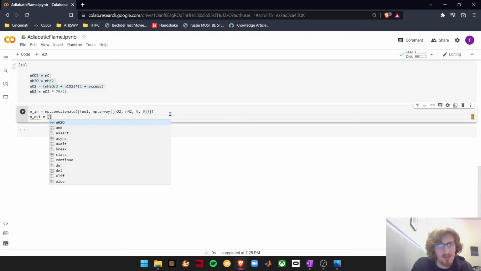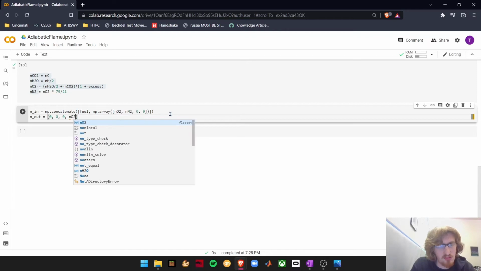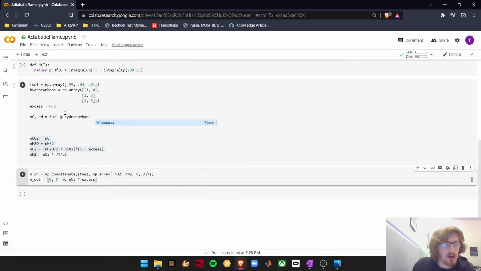We know that all of our hydrocarbons are going to be consumed because we have an excess of air. So we can put 0 for each of those. And then we want to do this in the same order we did it before. We have oxygen. So the leftover oxygen is just going to be whatever percent excess of air we have. And let me make sure I wrote that. Yeah, I did.